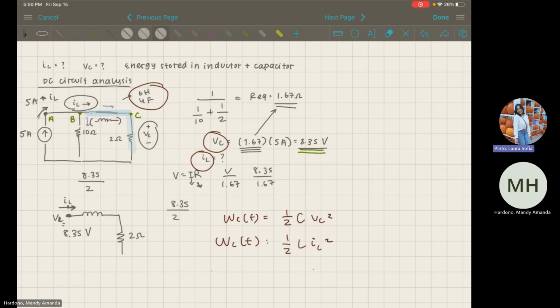Inductance is in henries? Yes. So for inductors, the unit is henries, H. For capacitors, it's farads, F.